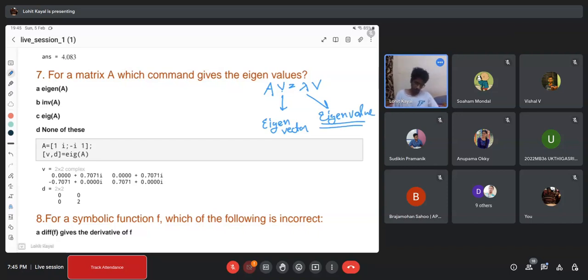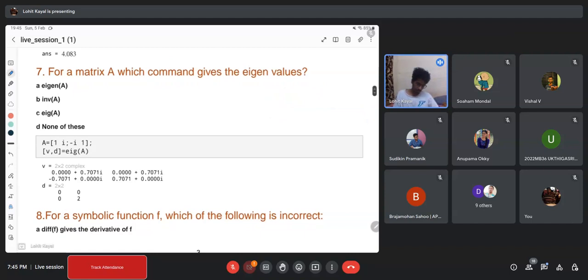First, let's deal with the question. I will give you the correct answer, then I will discuss it. The correct one is eig of A. Now suppose you have a matrix like this: 1, 0, 2, 3. It will have eigenvalues 1 and 3. You can check it. If you write eig of A, it will give you these two values, 1 and 3.